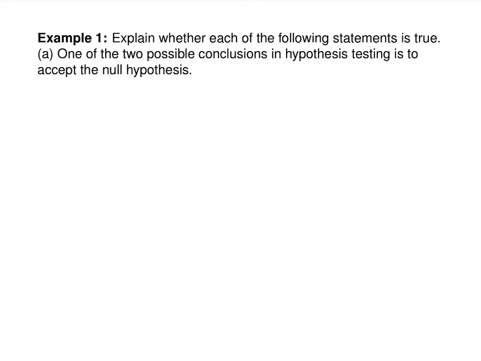All right, just attacking some common misconceptions about hypothesis testing. One of the 2 possible conclusions in hypothesis testing is to accept the null hypothesis. I think I just said that this is false. You fail to reject H naught, but you don't prove it's true.